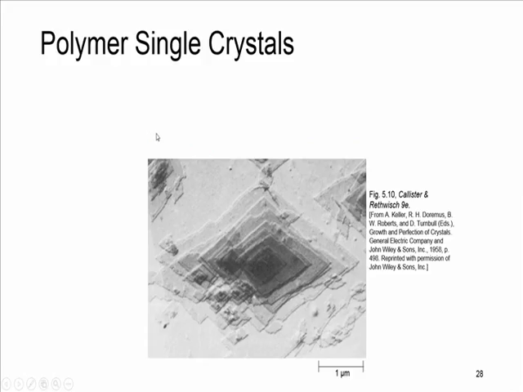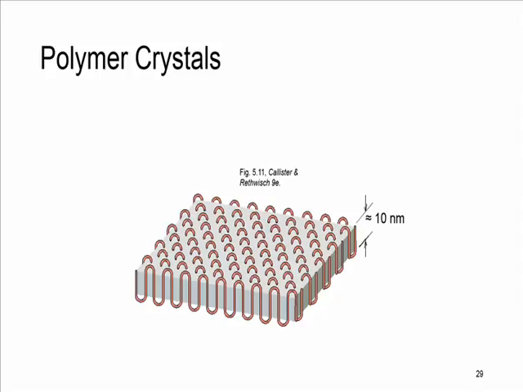Crystals can be found as a single crystal. This example shows a polyethylene single crystal. There are also semi-crystalline polymers that consist of small crystalline regions, which are called crystallites. These have a precise alignment. They are also associated with amorphous regions.